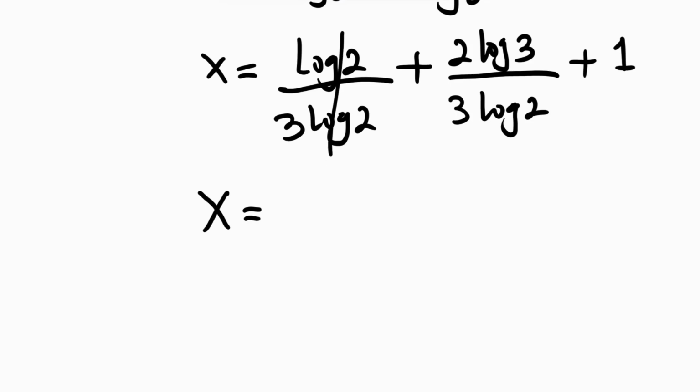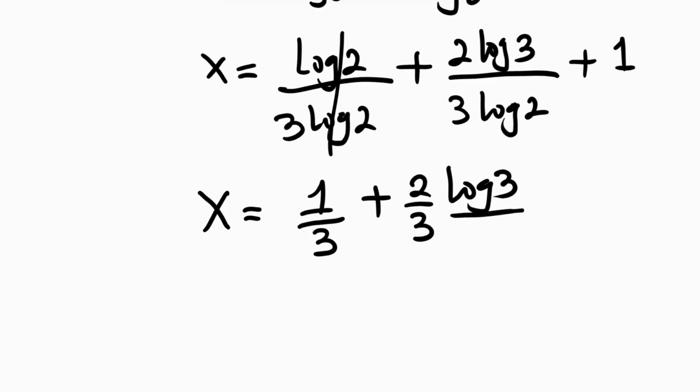So log 2 can cancel out. We have 1 over 3 left, plus we have 2 over 3 log 3 divided by log 2 plus 1.